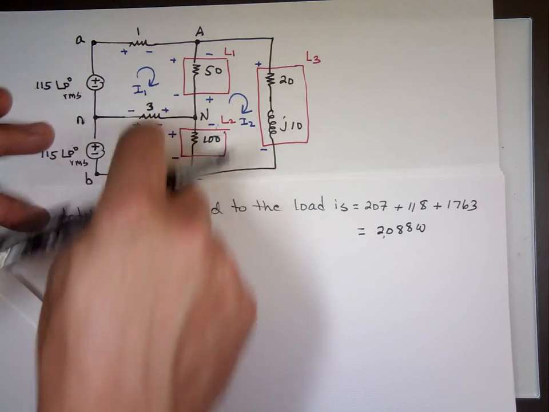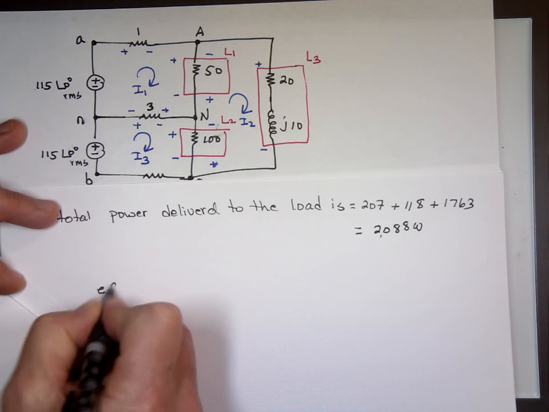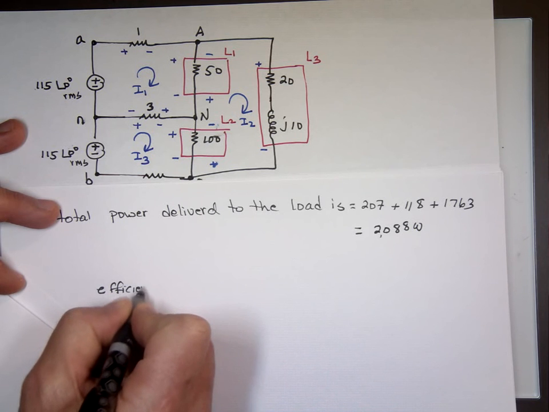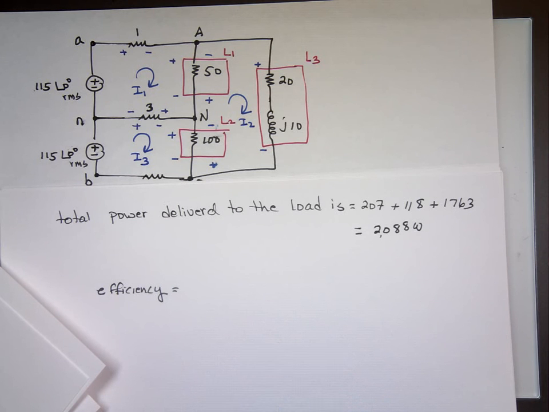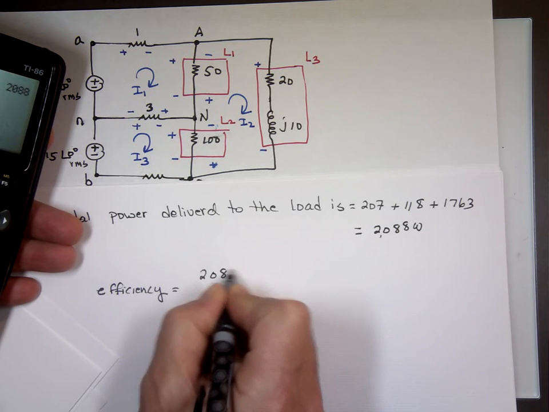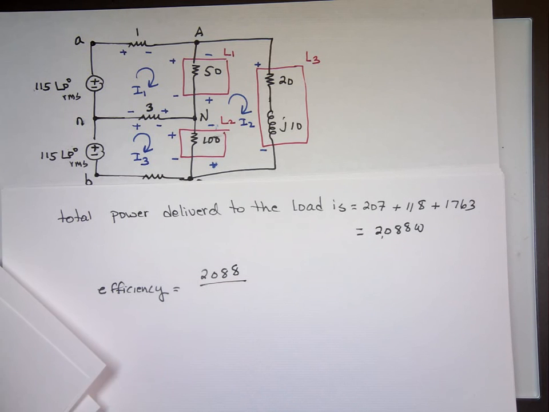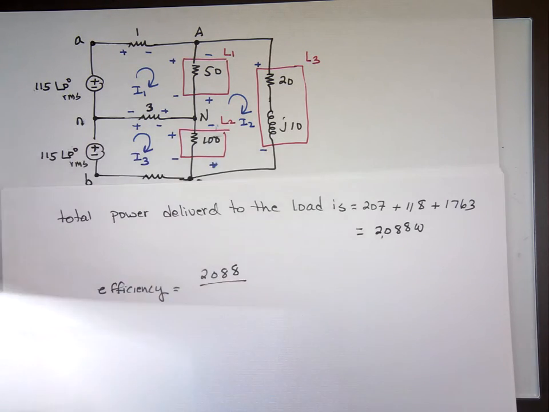So what is the efficiency or power factor? Well, how much did you get? You got 2088. Out of how much? What is the power supplied to the house, the whole load there? How much is the total power? Total power supplied, 2323, my rounding.